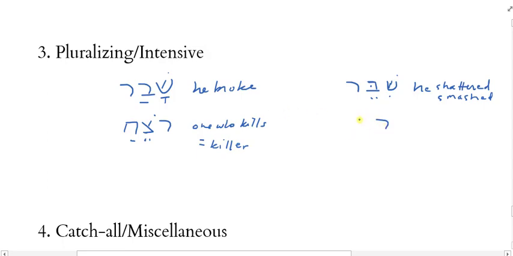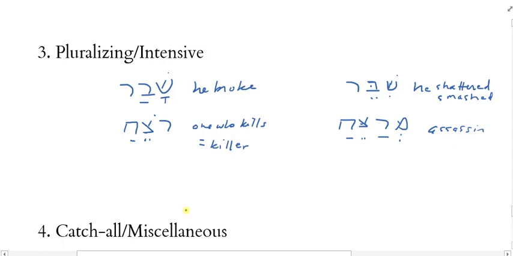We take ratzach, and what's the Piel pointing? Mem prefix, vocal shewa, patach under root 1, sere, with the doubling down on root 2. And there's furtive patachs in both of these. Meratzeach. What is this? Not just someone who kills, but someone who kills maybe repeatedly. That's the pluralizing idea. And that would make him not just a killer, but an assassin. Okay? All right. So there you go.